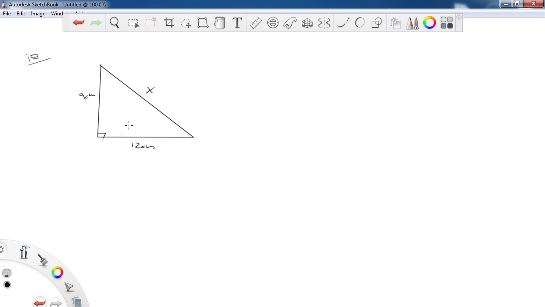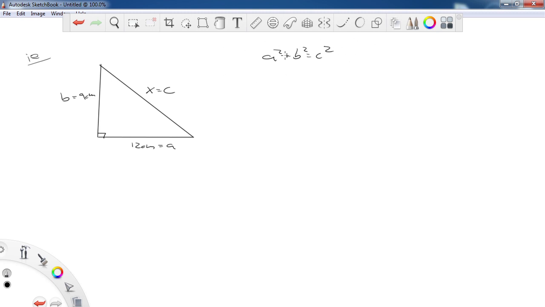Right? So first off, it's a right triangle, so check. We can use Pythagorean Theorem, which is a squared plus b squared equals c squared. We know that our legs have to be a and b, so I'm going to go ahead and label them. It doesn't matter which one's which, and we know that our unknown has to be c.